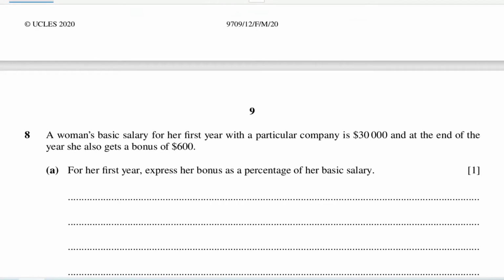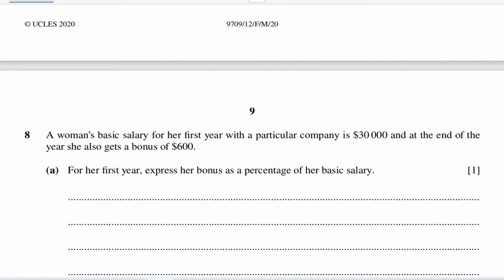Next part of the question is, a woman's basic salary for her first year with a particular company is $30,000, and at the end of the year she also gets a bonus of $600. For her first year, express her bonus as a percentage of her basic salary.